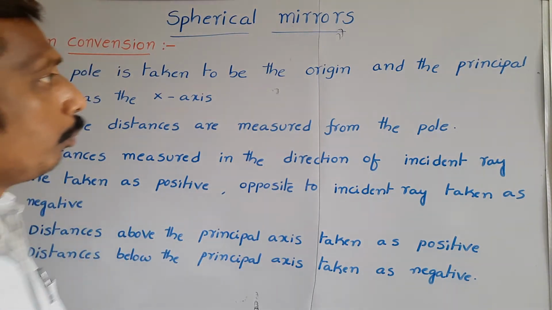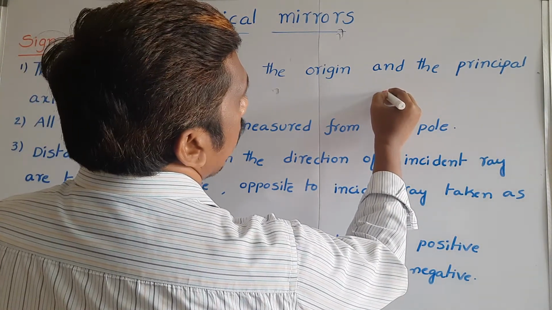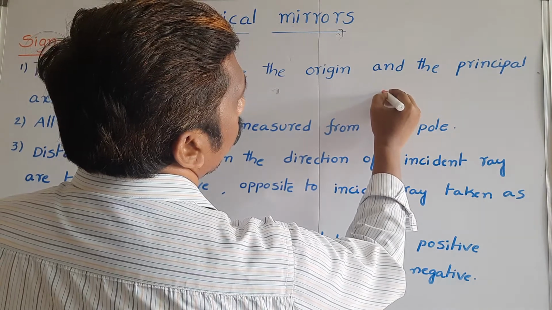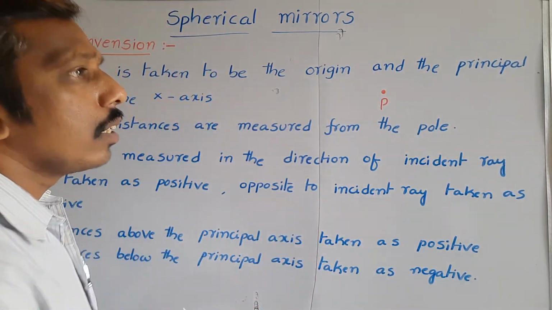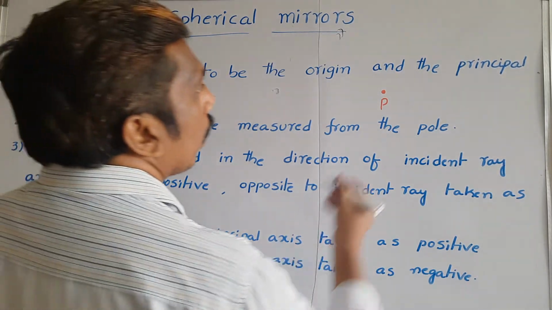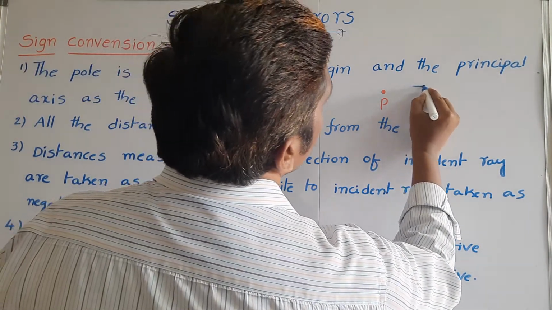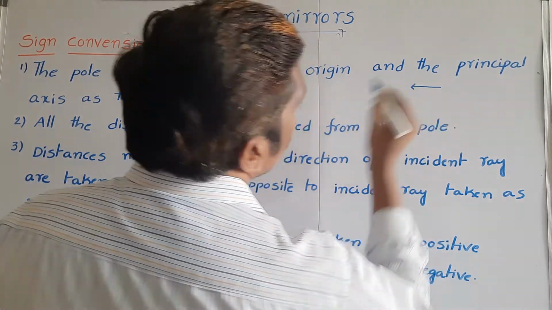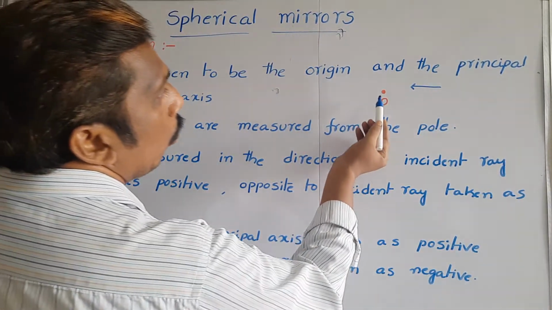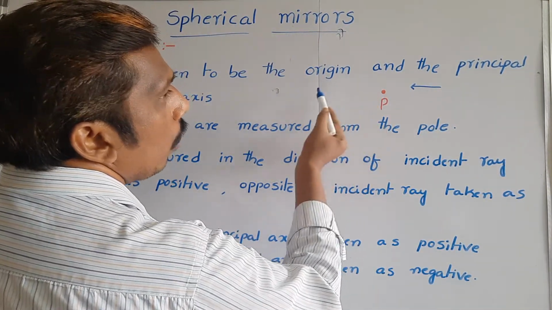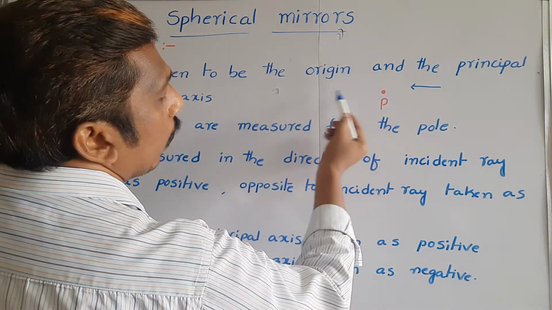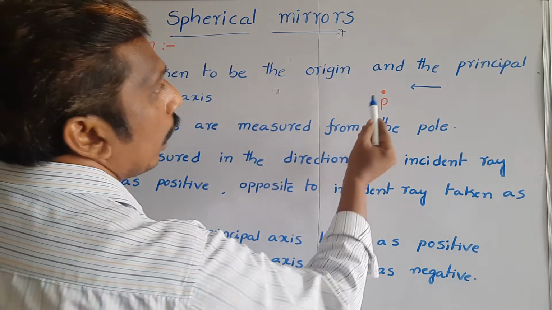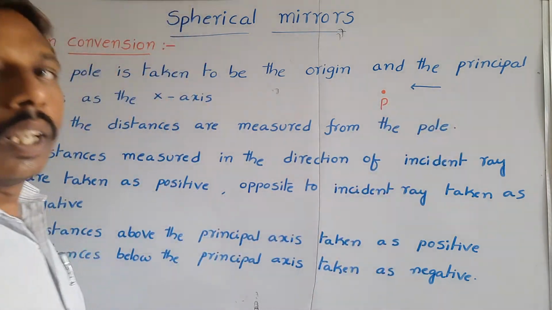For example, this is taken as the pole. Suppose the light ray is traveling from right to left. You assume this is the light ray. In this case, we measure the distance from the pole along this direction, so the direction of travel is taken as positive and the opposite as negative.